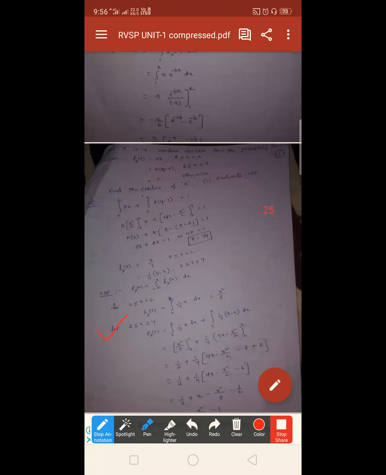We are calculating the cumulative distribution function, capital Fx of x. You have to add cumulatively all the terms, including the previous values also. So the previous values are 0 to 2, and the next values are 2 to x. Okay, so you have to write integration limits 2 to x. Solve for this.